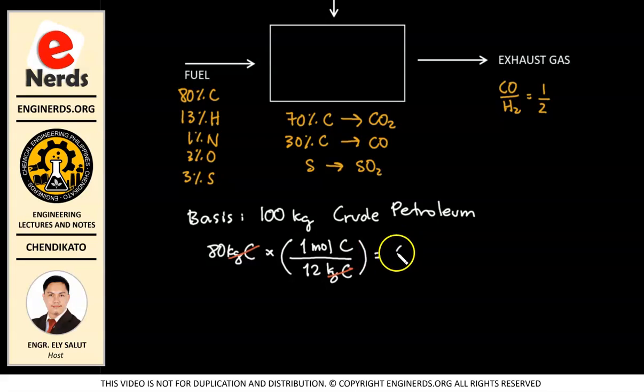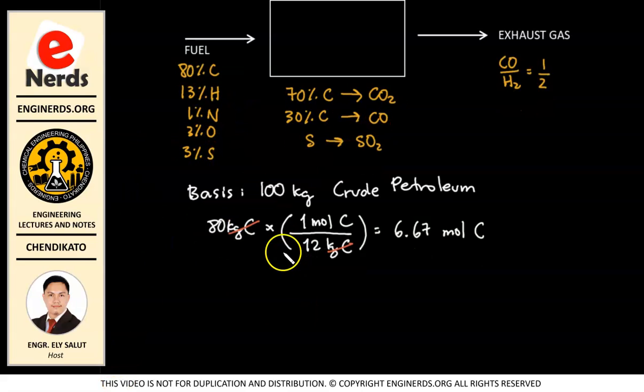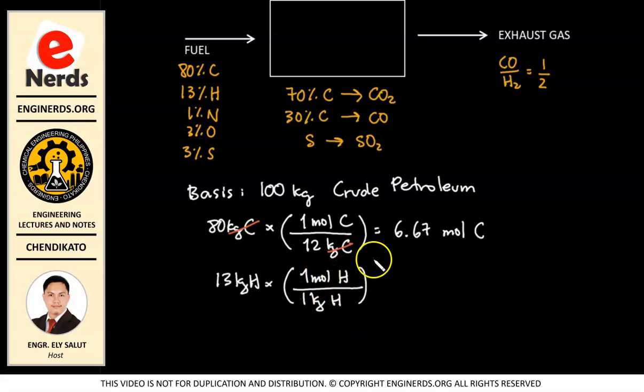So 6.67 moles of carbon. We have 13 kilograms of hydrogen divided by its atomic weight, 1 kilogram of hydrogen per 1 mole of hydrogen. The units cancel out, so finally we have 13 moles of hydrogen.